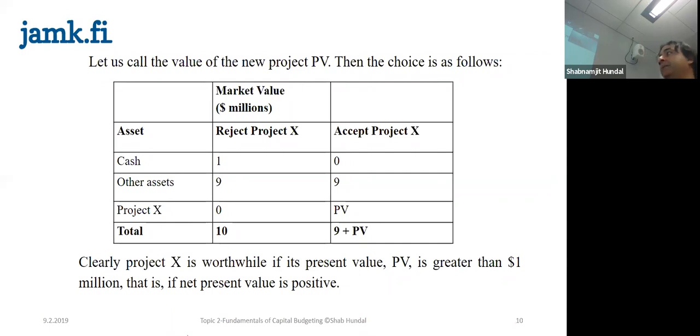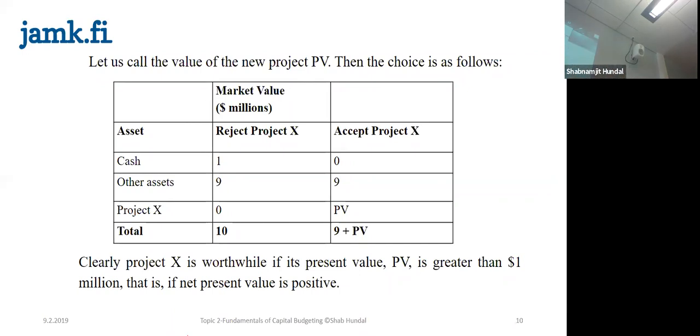Because if 9 plus PV is more than 10, let's say it's 11, it means that the present value of the project would be 2. You invest 1, you get 2. Makes sense. If 9 plus PV is equal to 10, it means PV is 1.